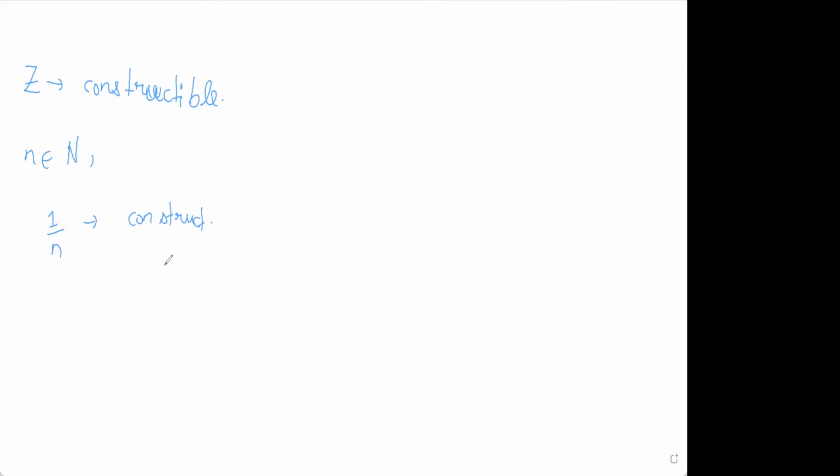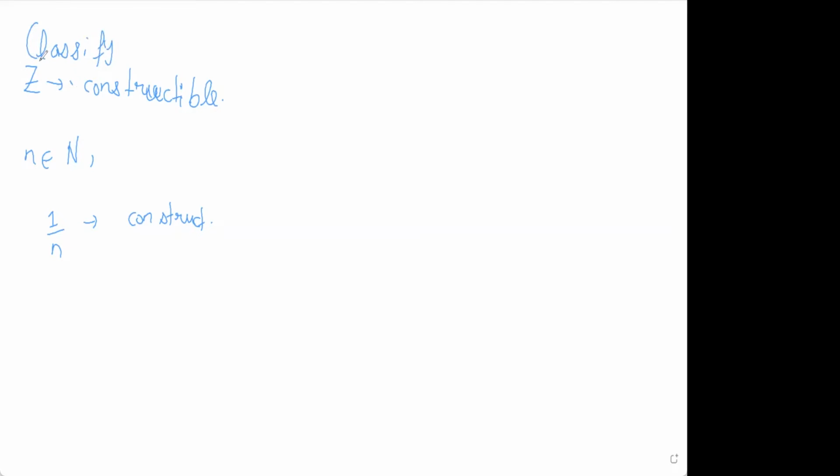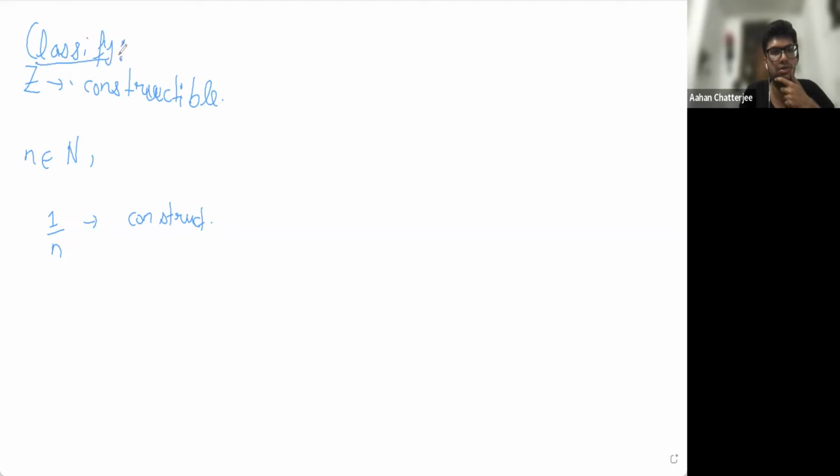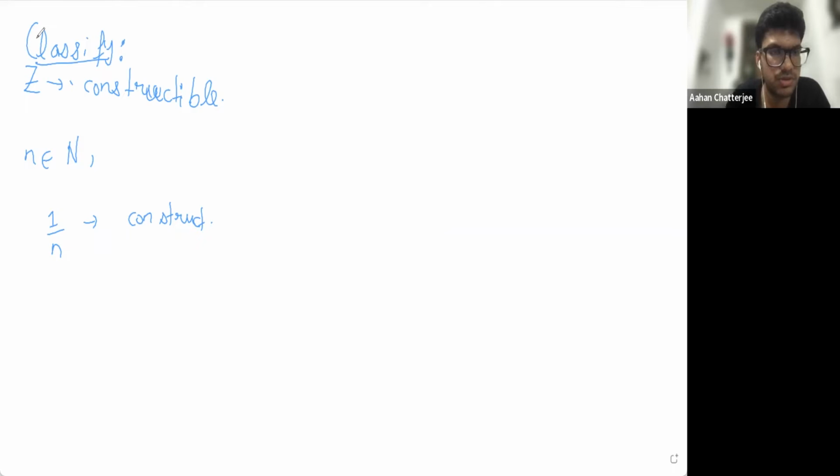Wait, what are we trying to construct? Not regular polygons? Basically now what you're trying to do is classify all the constructible things. Can you go to the previous slide?